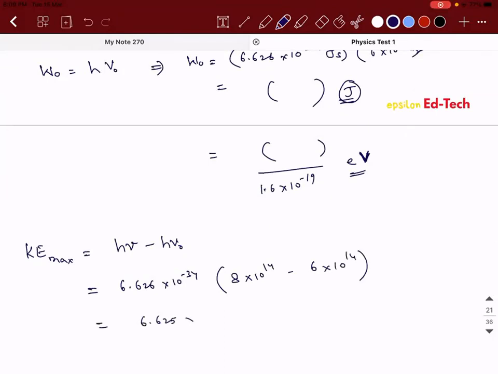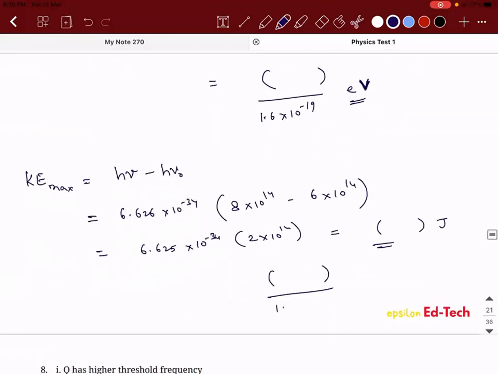So 6.626 into 10 power minus 34 into 2 into 10 power 14 will give you the answer in terms of joule. Again, to convert from joule to electron volt, divide it by 1.6 into 10 power minus 19. That will give you the kinetic energy in electron volt.